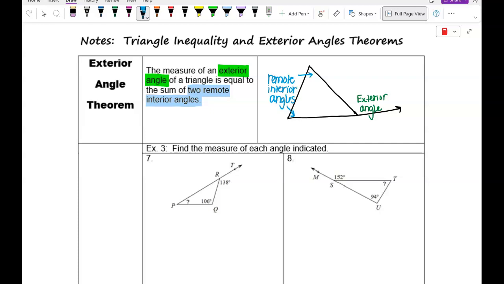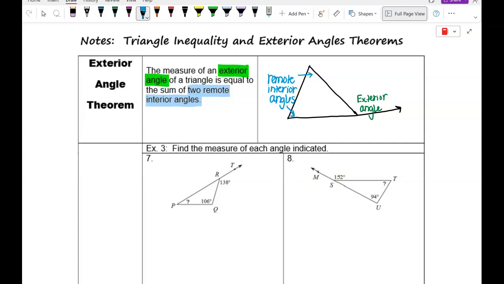So the two angles that are not adjacent to the exterior angle we're referring to, we can add those two together and they should be equal to the value of that exterior angle. And that comes from the idea of knowing that adjacent angles, again, we have that straight line, and we said way back in the triangle angle sum theorem that if angles come across a straight line, they have to add up to 180.